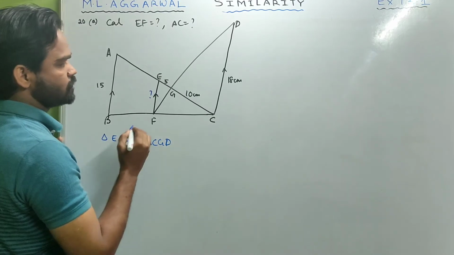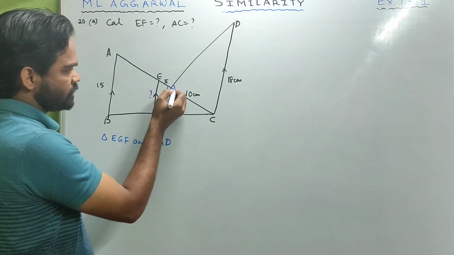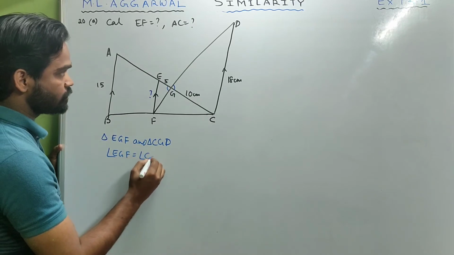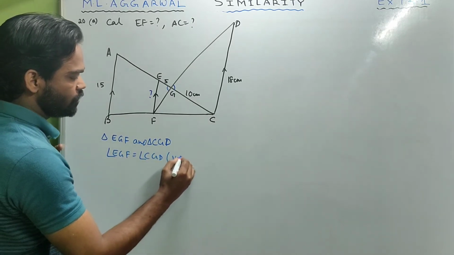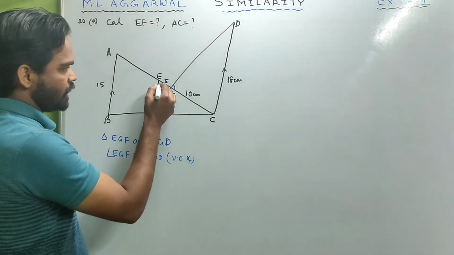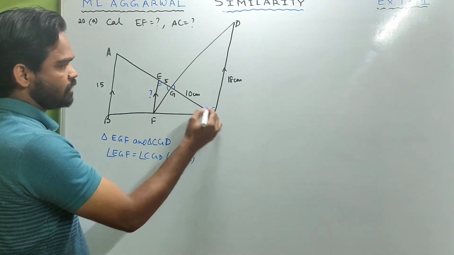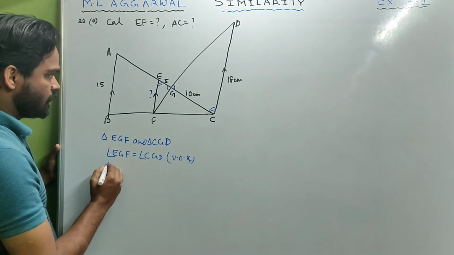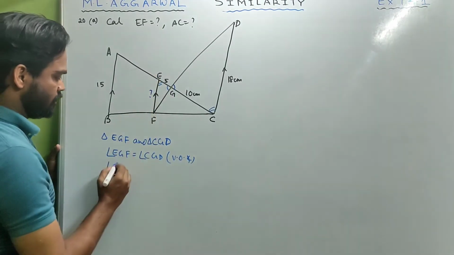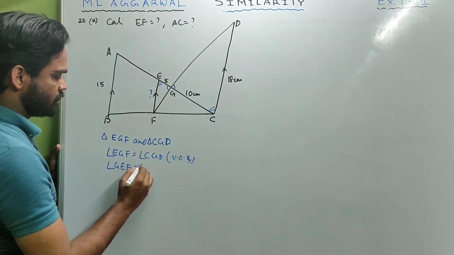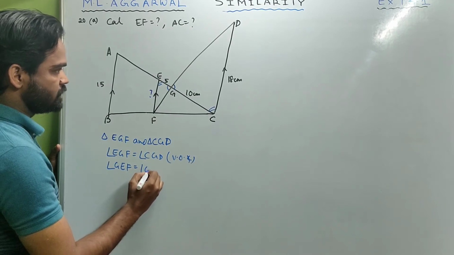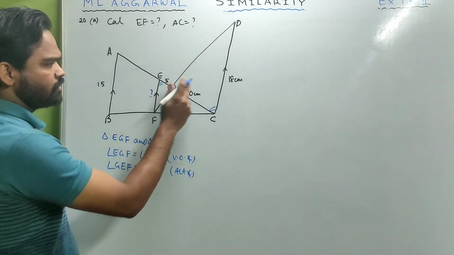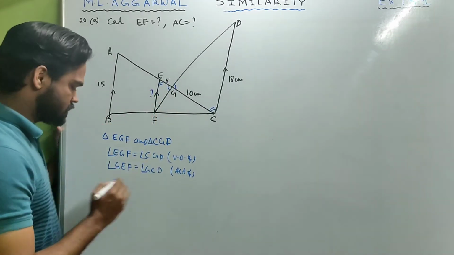Just look at these two triangles. This angle and this angle are equal. Angle EGF is equal to angle CGD, vertically opposite angles. And this angle and this angle are equal, alternate angles, because these two are parallel lines. Angle GEF is equal to angle GCD, that's alternate angles. So these two triangles are similar.